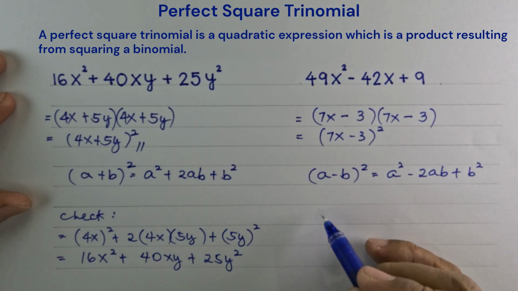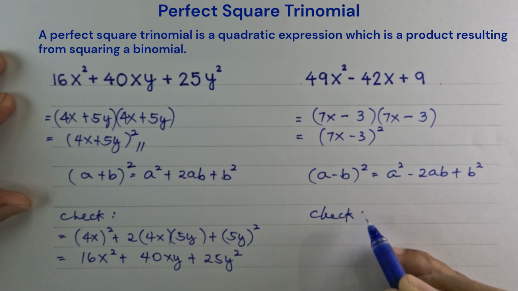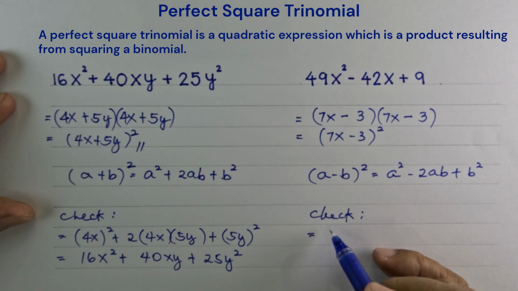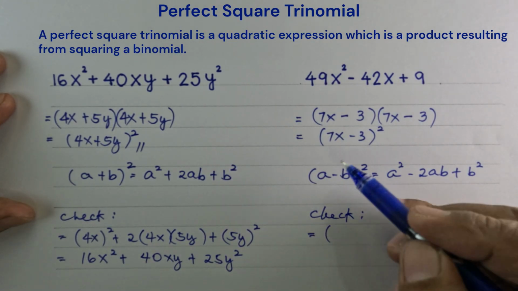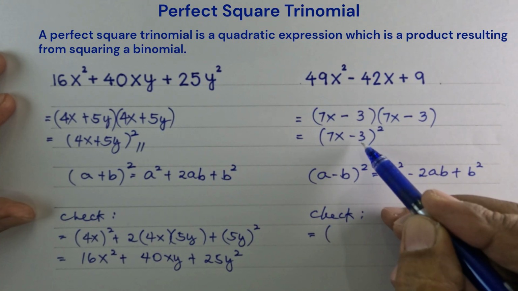Now, let's check if our factoring is correct using this formula. That would be the square of the first term. In this case, a is 7x, b is 3.